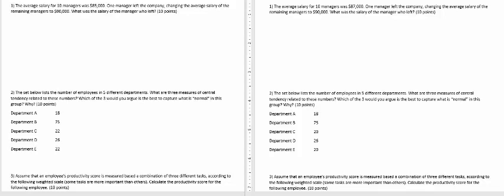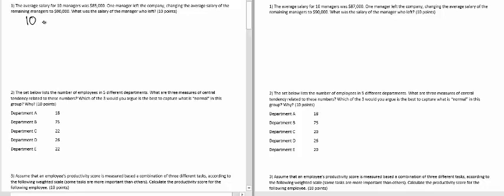All right, so we have this question. The average salary for 10 managers was $85,000. That's the average salary. One manager leaves the company.